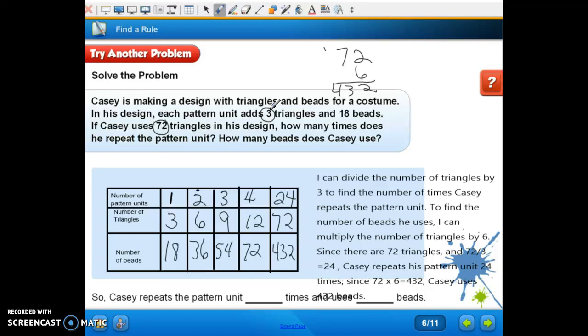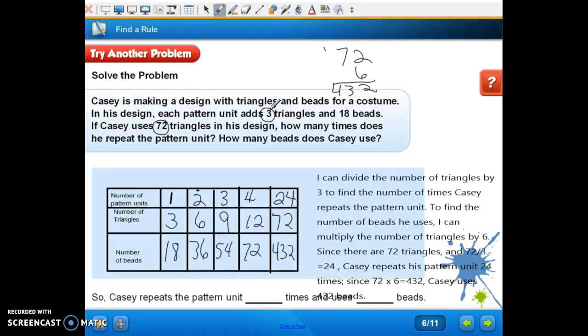And then 72 divided by 3 equals 24. So that groups his triangles back into those. Remember, his unit pattern was 3 groups of triangles if you look up above in the box. And then 72 times 6 is 432.